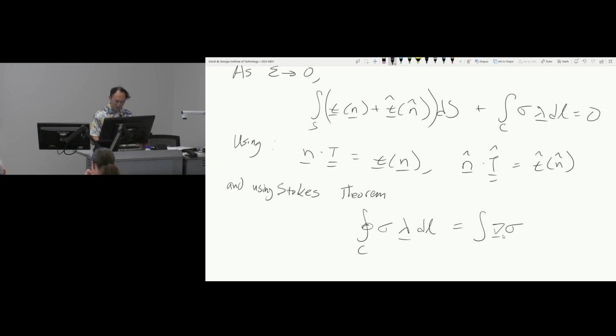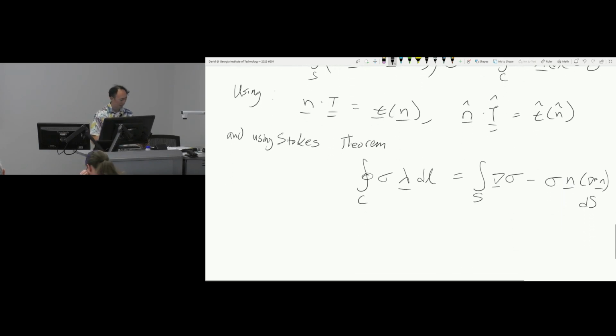Basically, the gradient of how much that sigma changes, and this divergence of how much the normal changes. Okay.